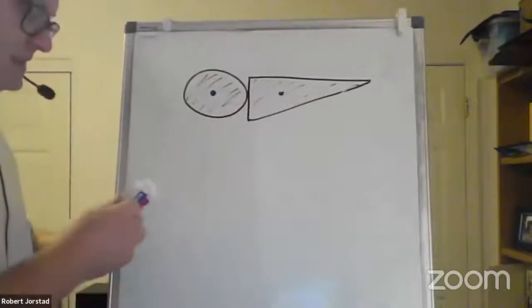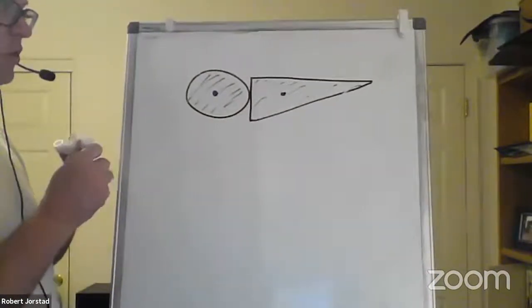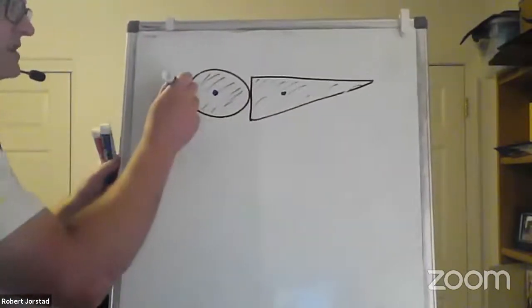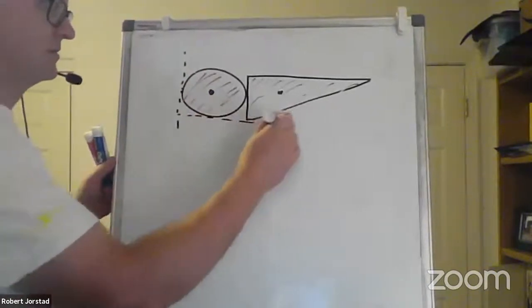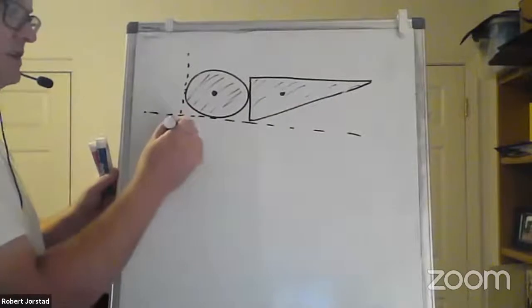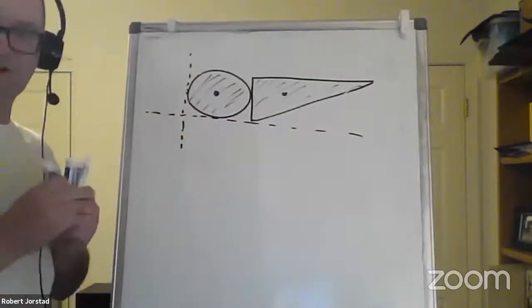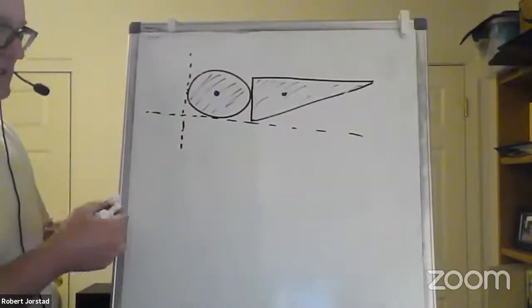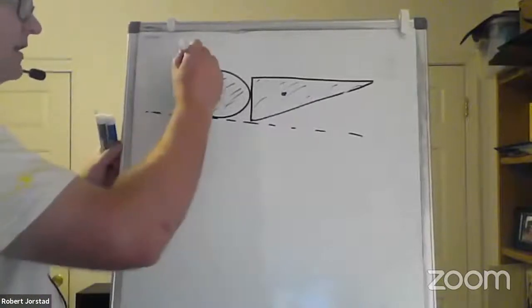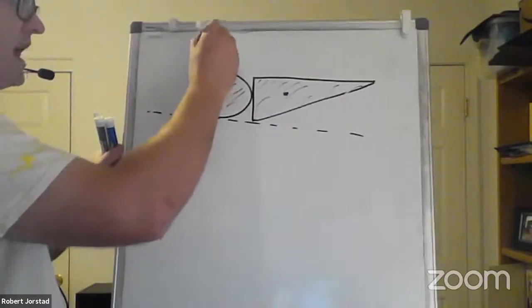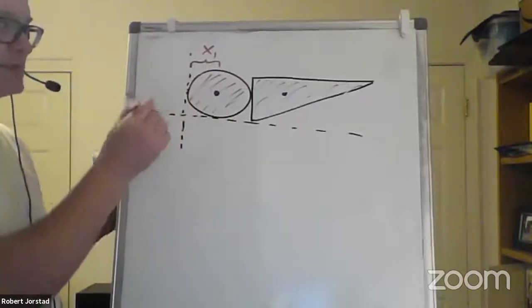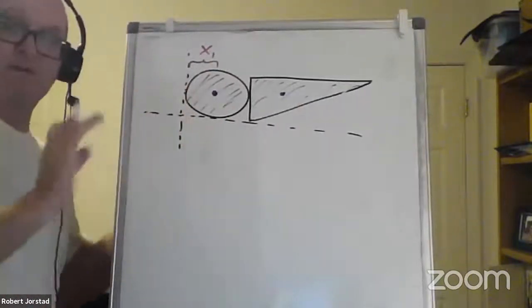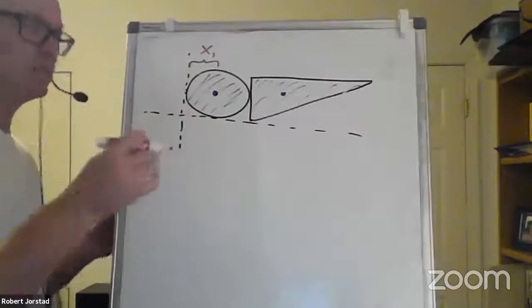The idea is I'm going to put a coordinate system on here. Let's just say this is my coordinate system. You could use any coordinate system you want. I just picked a random one. The idea is this distance right here would be x1, the horizontal position of the center of mass. Obviously, you could also do y1, but for right now, let's just stick with the x coordinate.